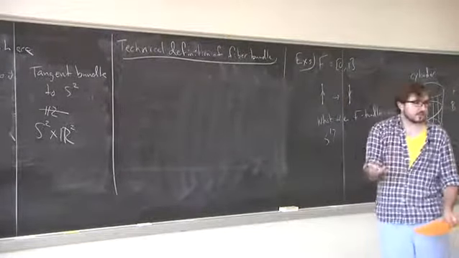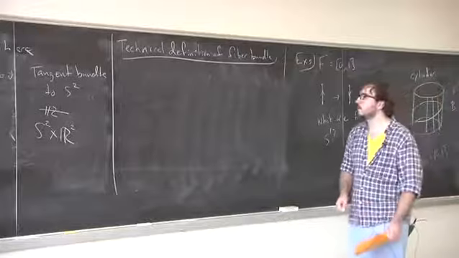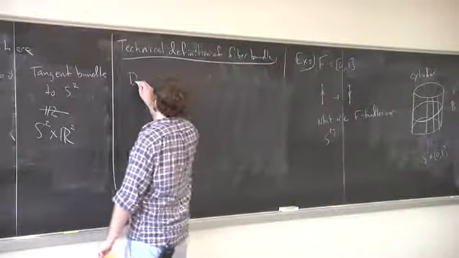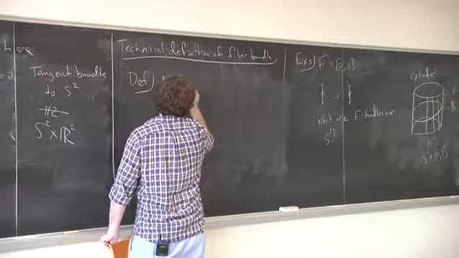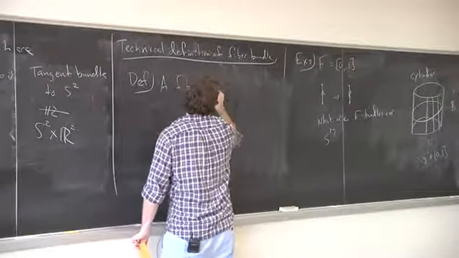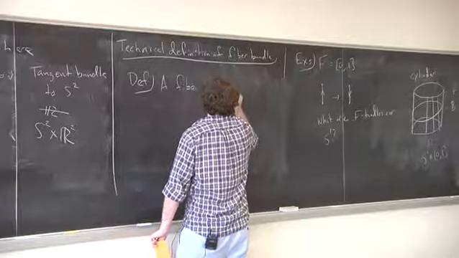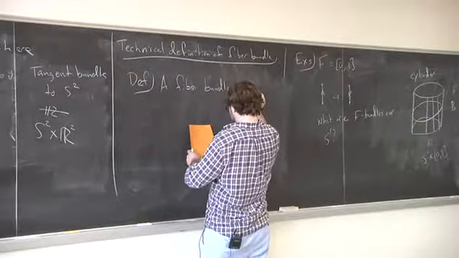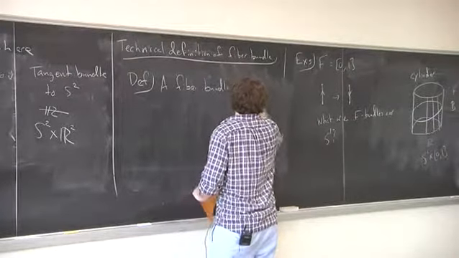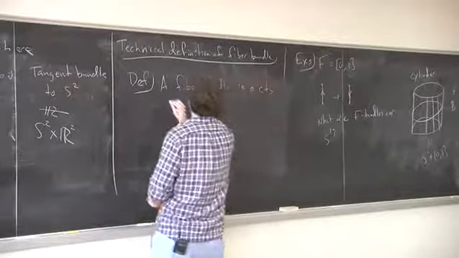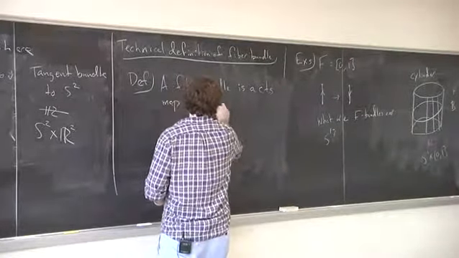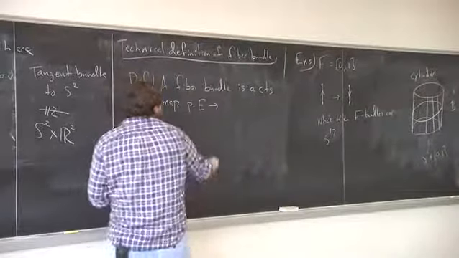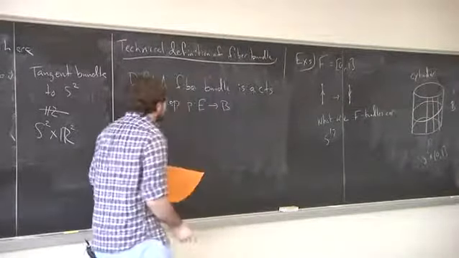It's actually easier to go another route. So what we usually do is we give the following definition. A fiber bundle is a continuous map P from some topological space E to another topological space B.